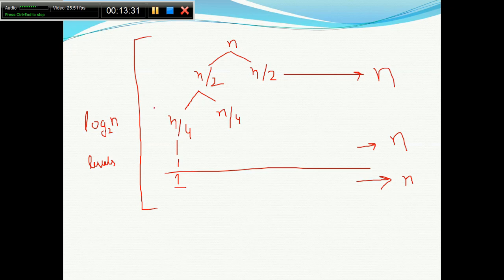So how many levels do we have? Log n levels, and each level has a merging cost of order of n.